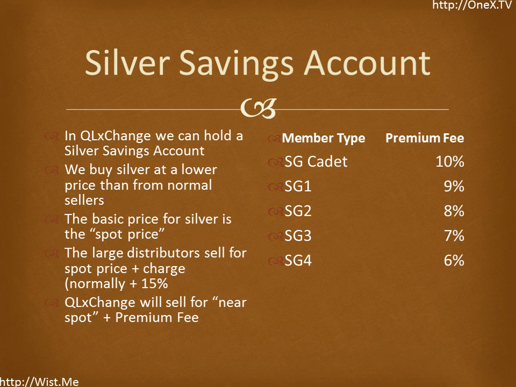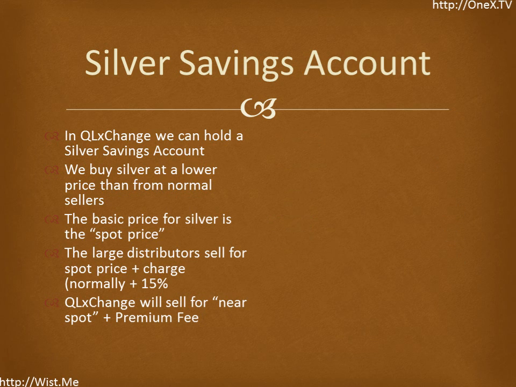So if they buy it for, let's say, $10 an ounce, they sell it to you for 10 plus 15%, so that will be somewhere between 11 and 12 dollars.